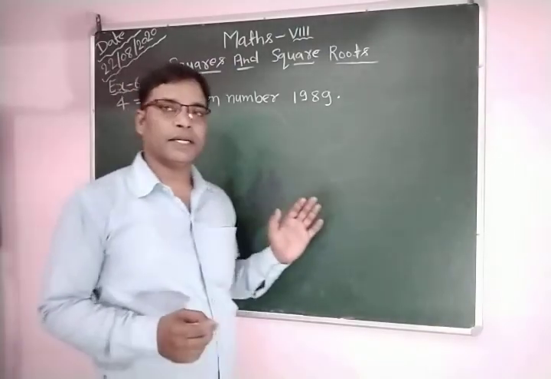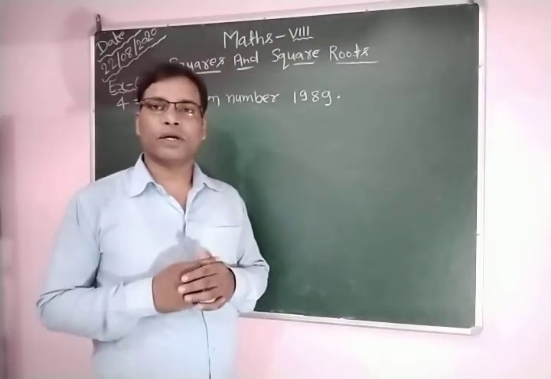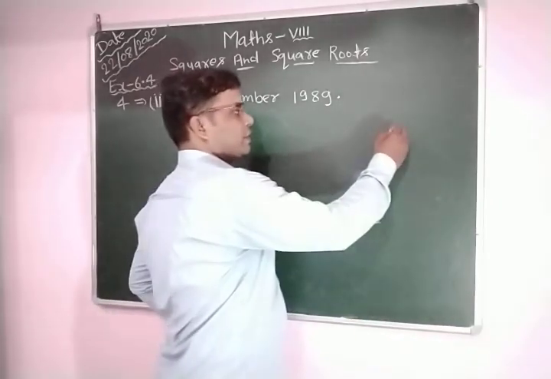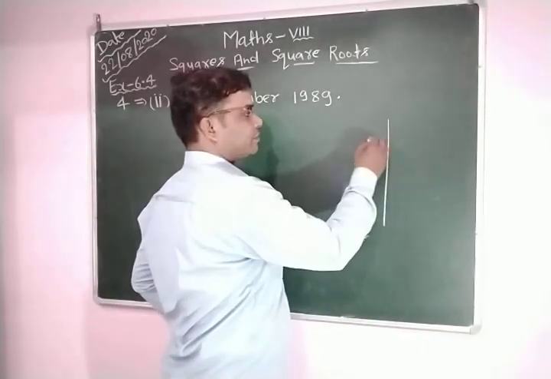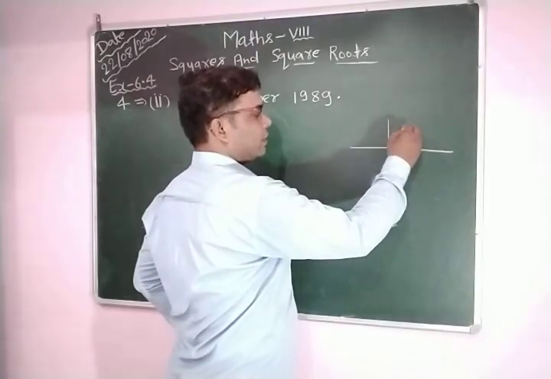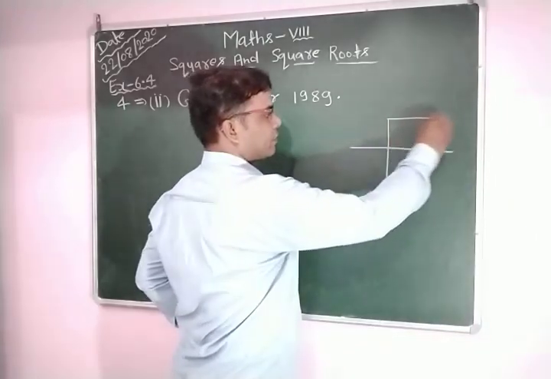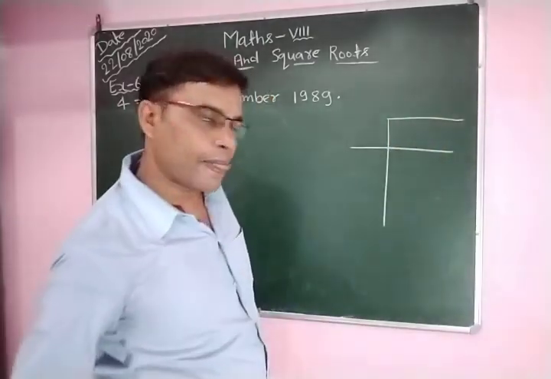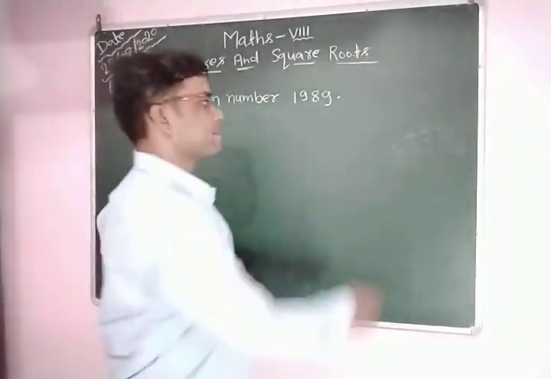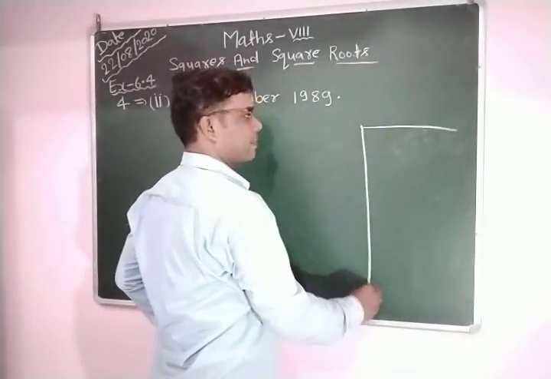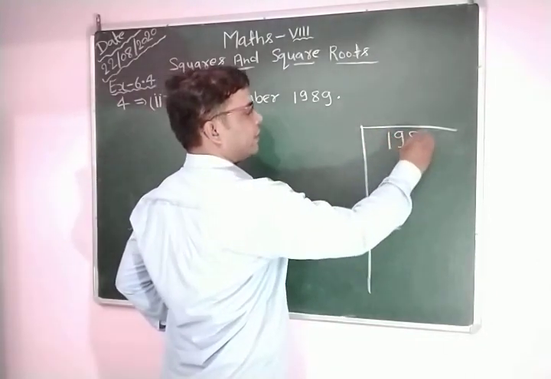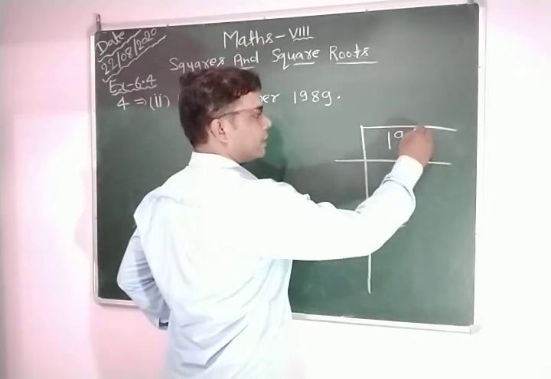First we try to find the square root of 1989. So for this we write it like this. Okay, this is 1989.